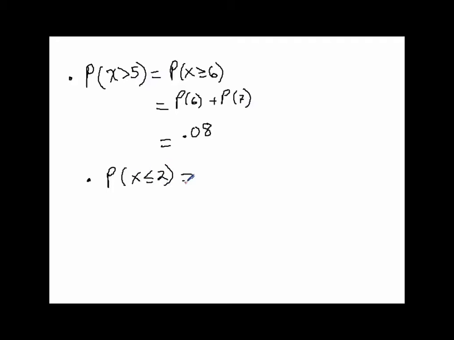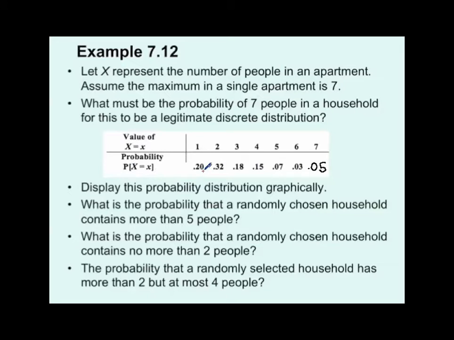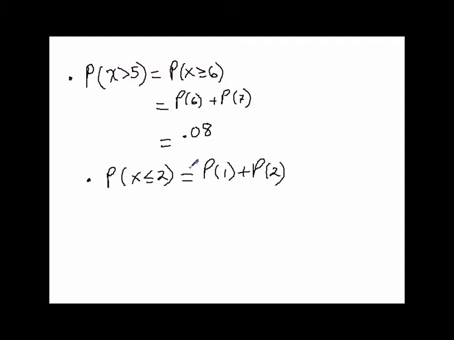Well, the probability of x being less than or equal to 2 is the probability of 1 plus the probability of 2. So, looks to me that's about 52% of the time, right? So you got the 20% plus the 32%, which gets you 52%, or 0.52. So about 0.52 for that probability.